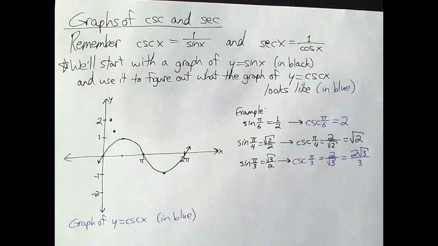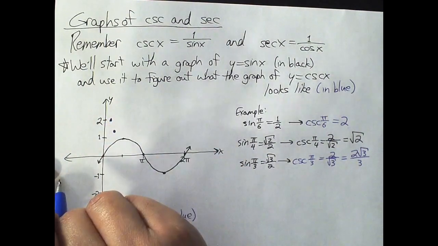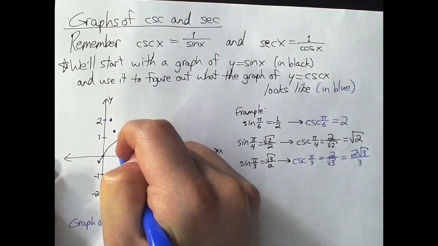Offhand, I don't know. It seems to me like that must be a little bit bigger than 1, because I know that square root of 3 is around 1.7, and we're doing 2/3 of it. It's a little bit bigger than 1, so I guess that would go about here.